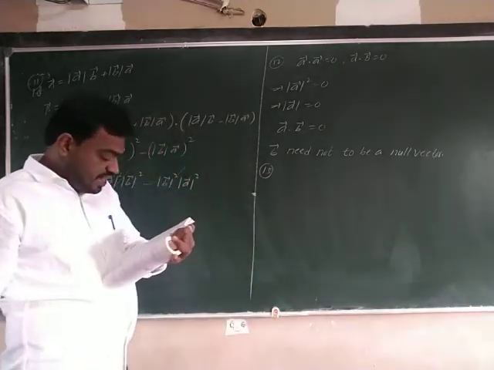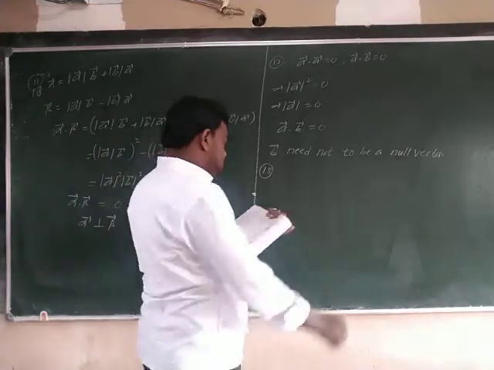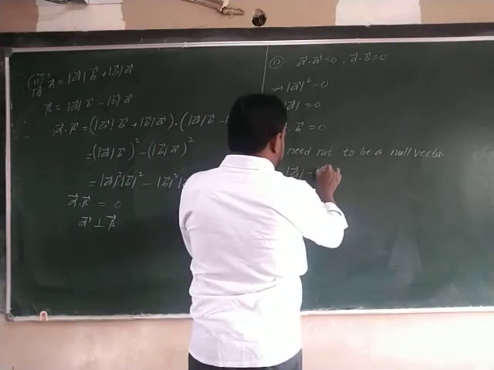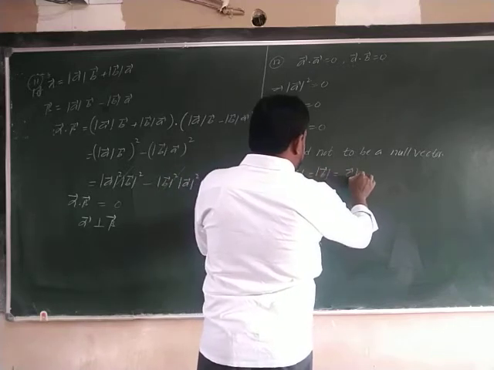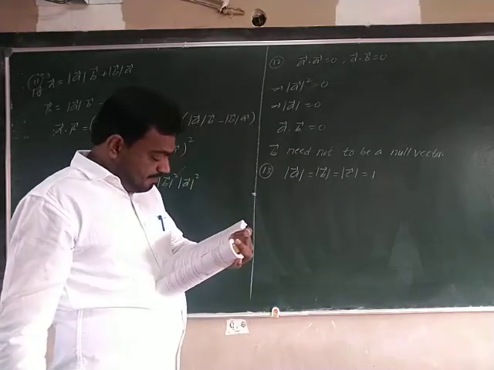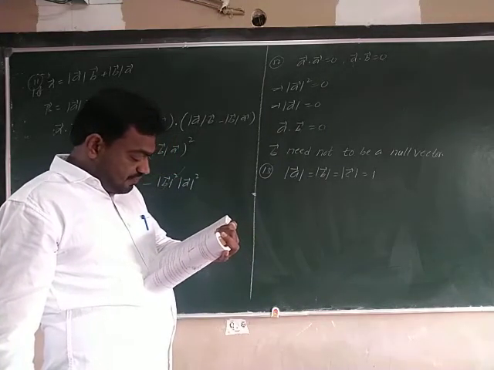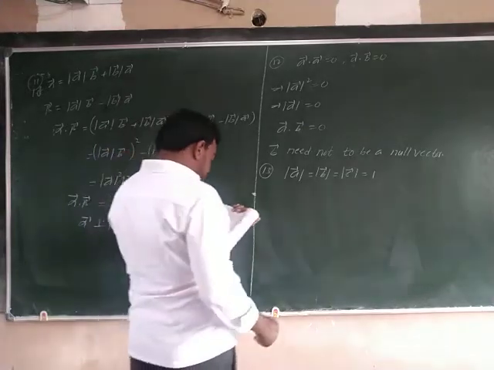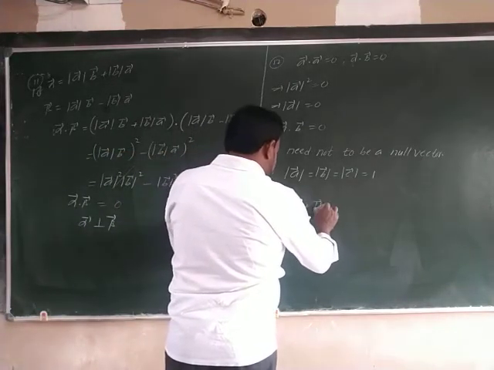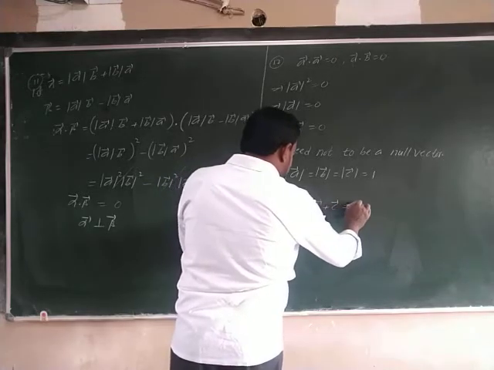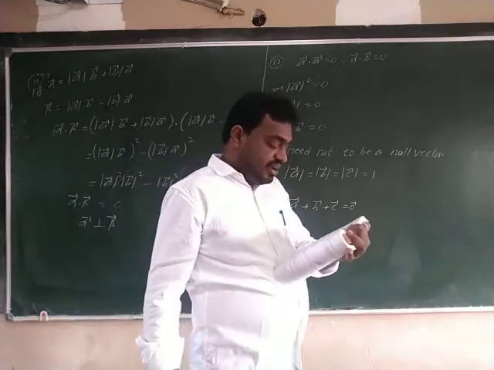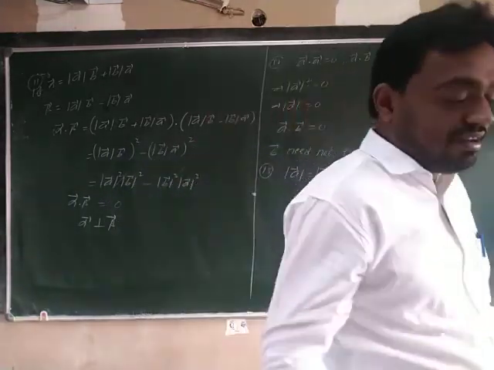If vector A, vector B, vector C are unit vectors such that vector a plus vector b plus vector c is equal to the null vector, find the value of a dot b plus b dot c plus c dot a.